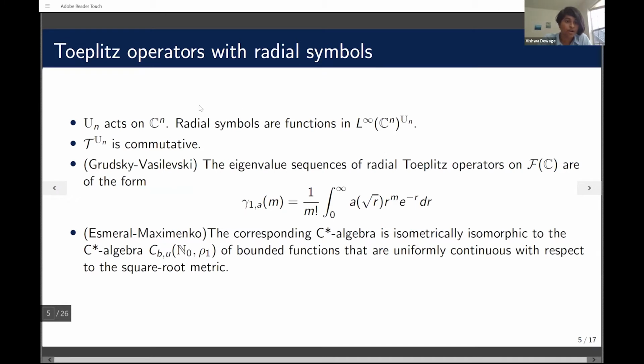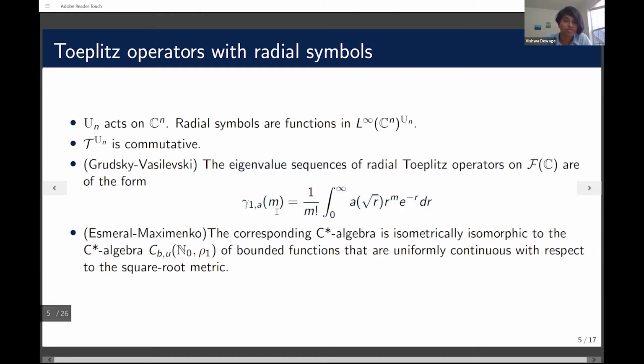Now, one of the groups that has been studied over and over again is the unitary group. And so the U(n) invariant symbols are called radial symbols. And it has been shown that the corresponding Toeplitz algebra is commutative. And Grudsky and Vasilevski diagonalized the radial Toeplitz operators, and the eigenvalue sequences are given by this formula.